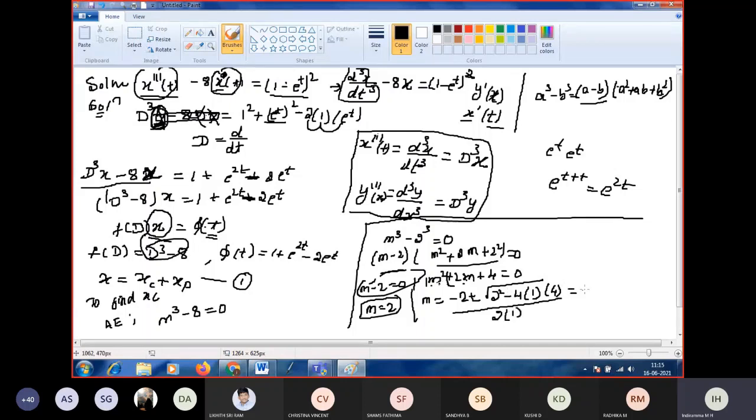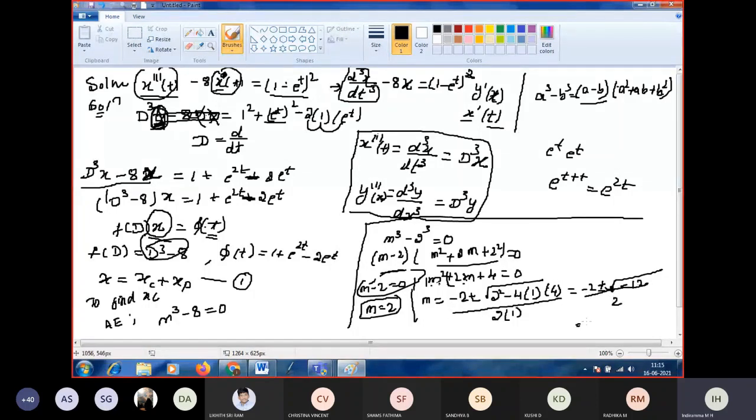So we got minus 2 plus or minus root of 4 minus 16, that is minus 12, divided by 2.